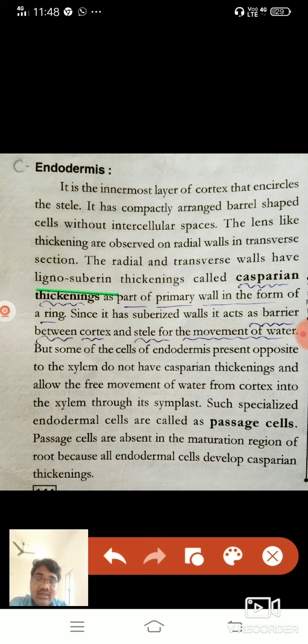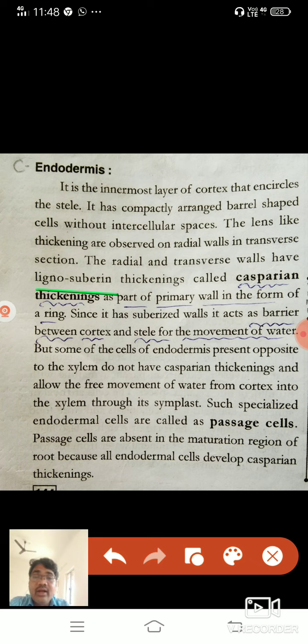Lignosuberin thickenings are present on the radial surface of the endodermis. These lignosuberin thickenings are called Casparian thickenings. So Casparian thickenings are related to the endodermis in the anatomy of the dicot root.